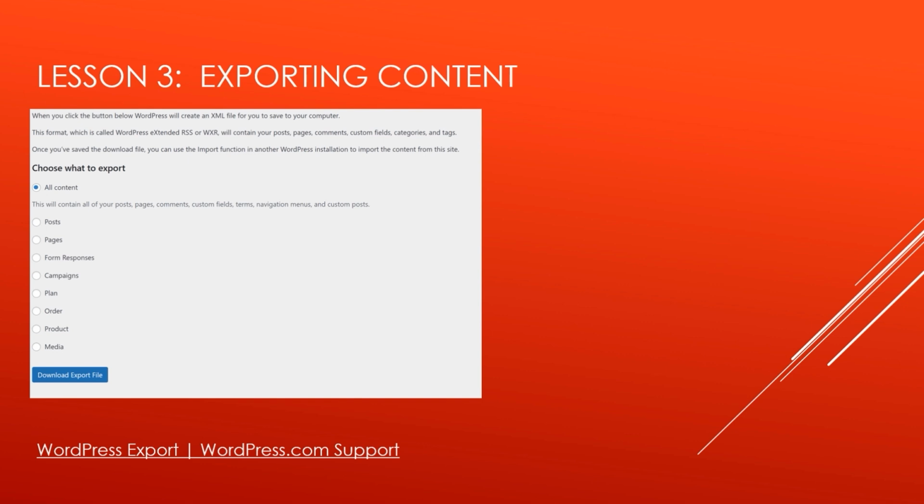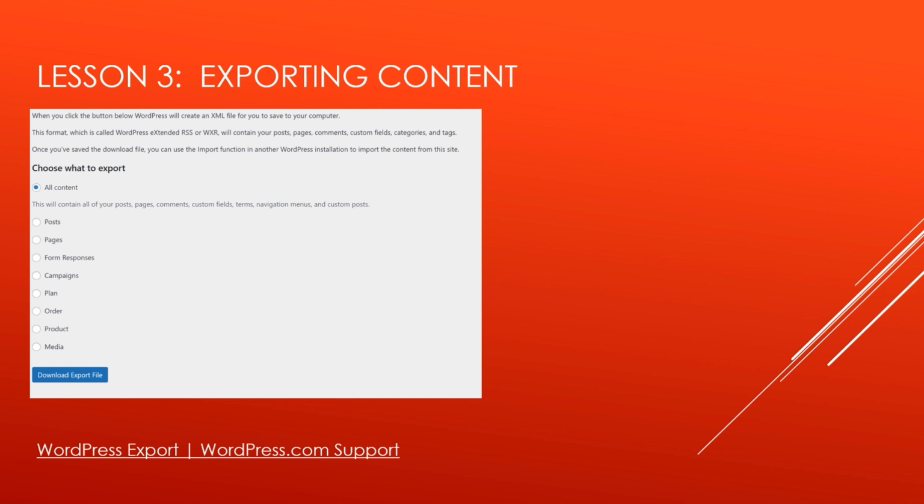You can use it to communicate between different programs. It's also called WordPress Extended RSS or WXR, and it contains your posts, pages, comments, custom fields, categories, and tags. Once you've saved the download file, you can use the import function in another WordPress installation, or in our case, in the same one, to import the content.